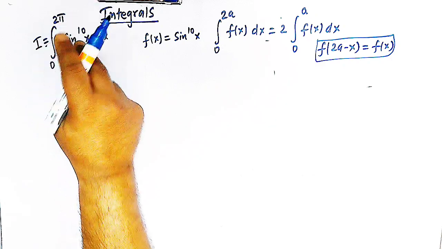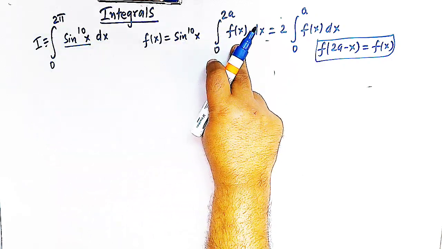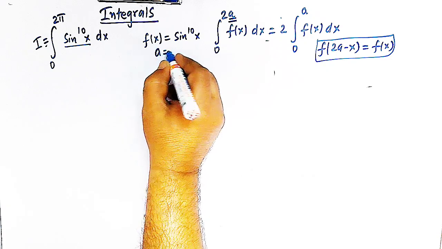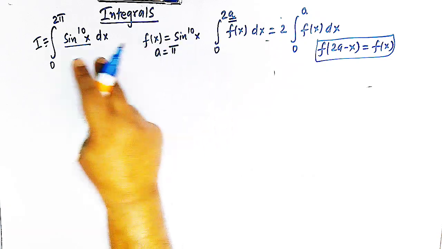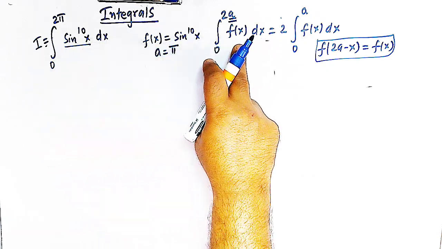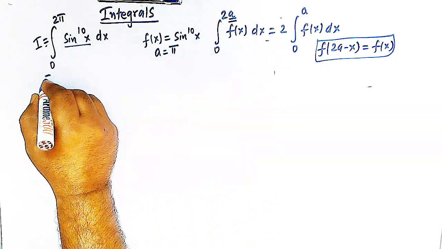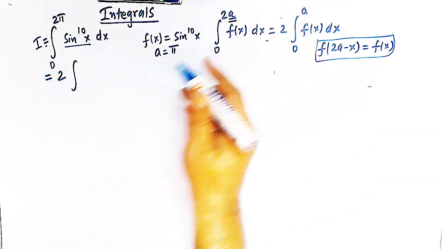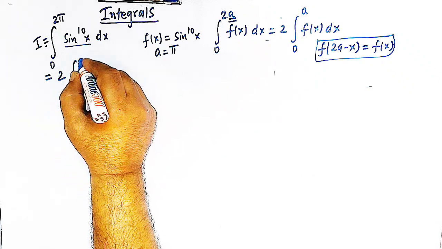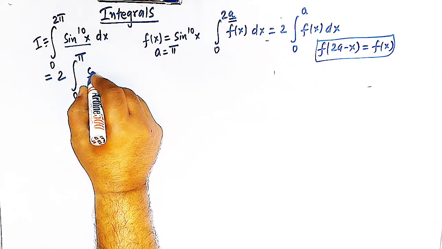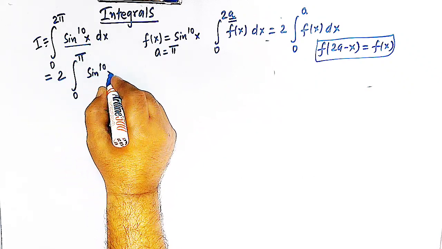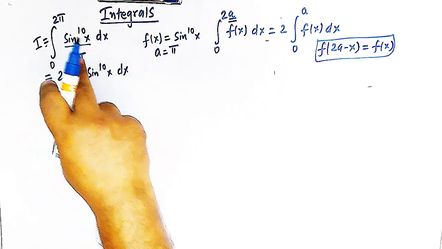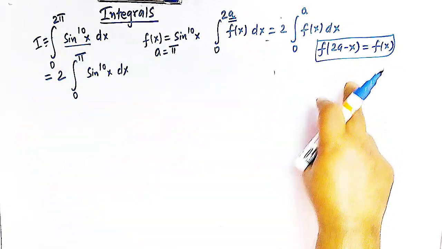And here if we compare this integral with this one, then the value of a is given as pi. So this integral is exactly of this form. So we can now write here 2 times the integral from 0 to a. So here we have 0 to pi, and here we have sine x raised to 10 and dx. And let us now verify this condition.